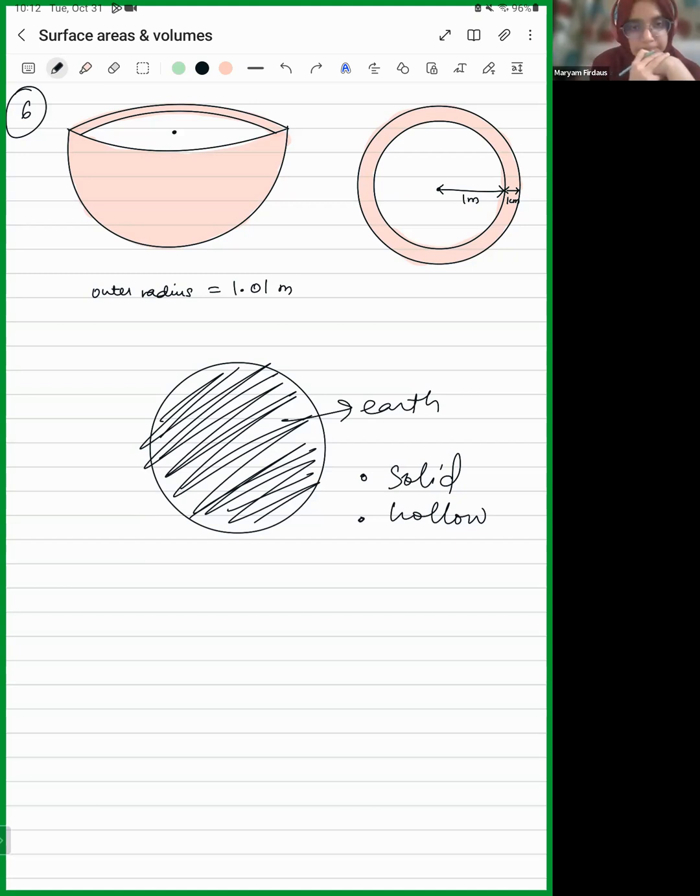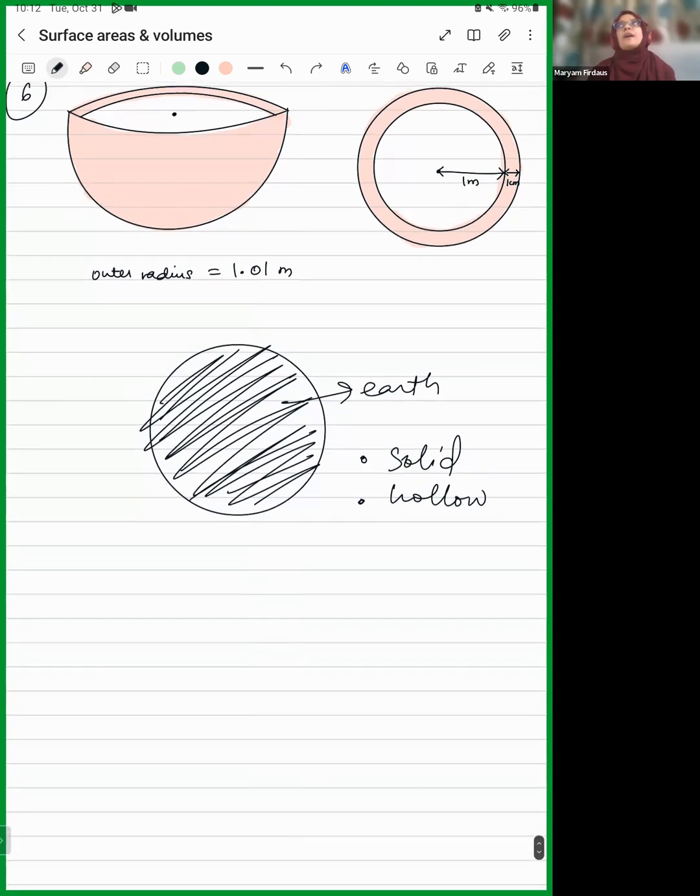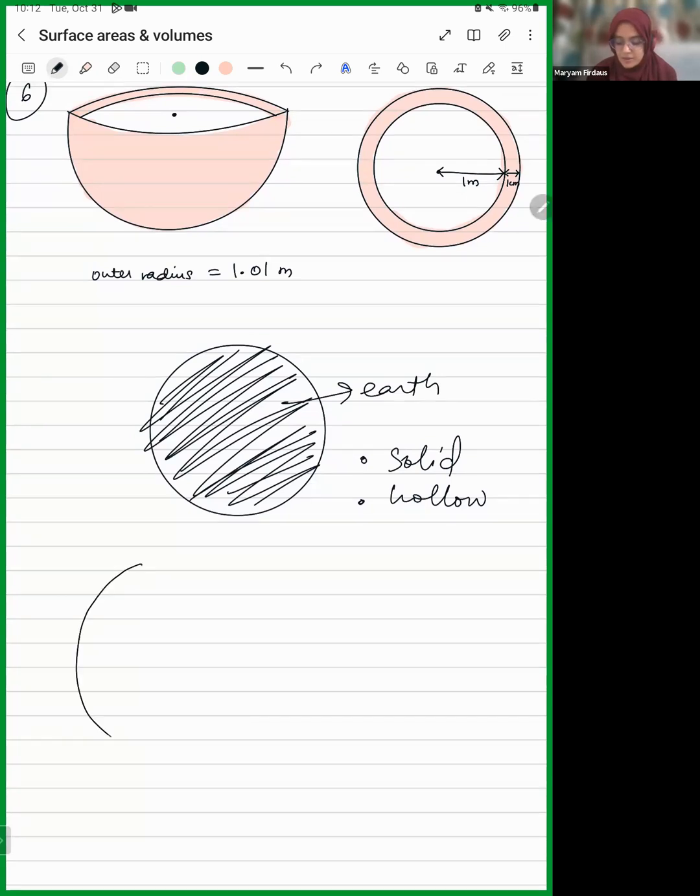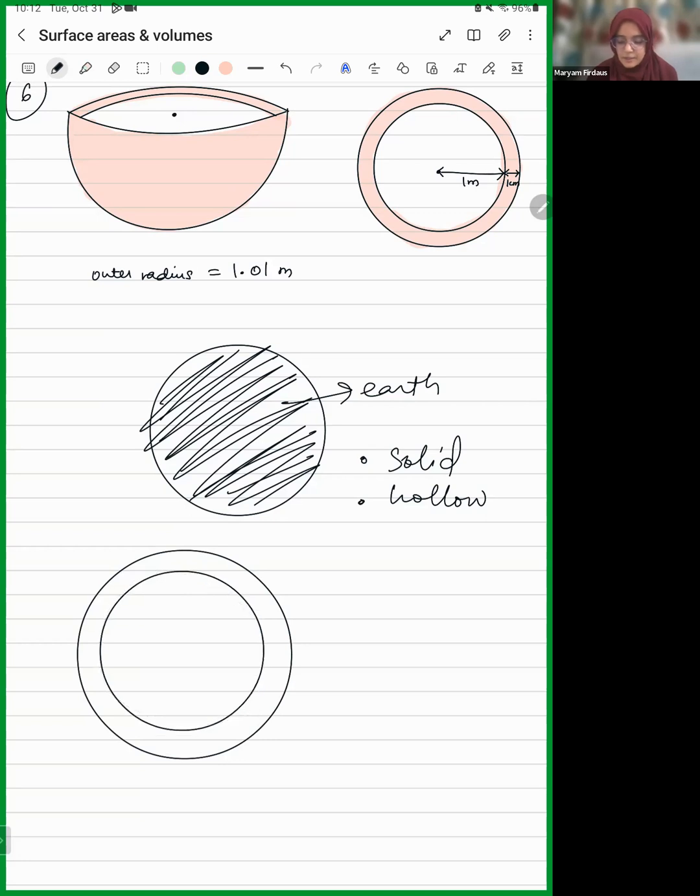Is this clear, Abdul Jabbar? Yes, ma'am. If I were to explain this in two-dimensional forms, let's say you have a circle here, and you had these kind of questions in your seventh grade as well. There is another circle inside of this, and I am asking you to find the area of this pink portion.